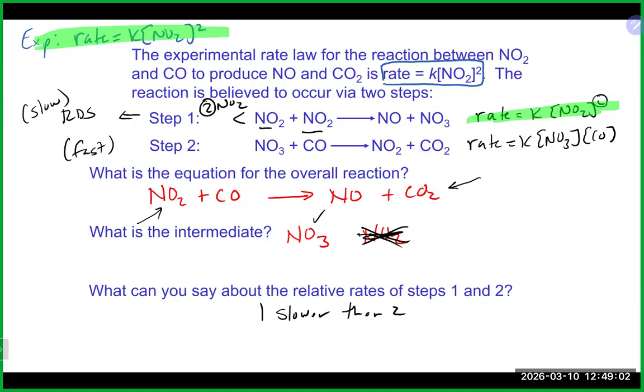Because step 1 in this case has a rate law that matches the one found experimentally, step 1 is what's known as the rate determining step, and the rate determining step is always the slowest step in the mechanism. So the first step is the one that's going to take the longest, and the second step will go a lot faster than the first part of the reaction.